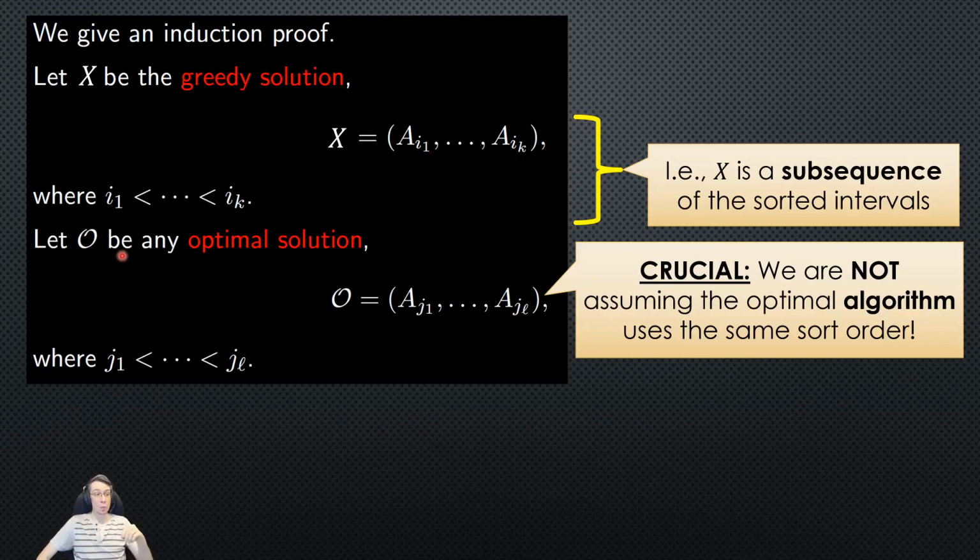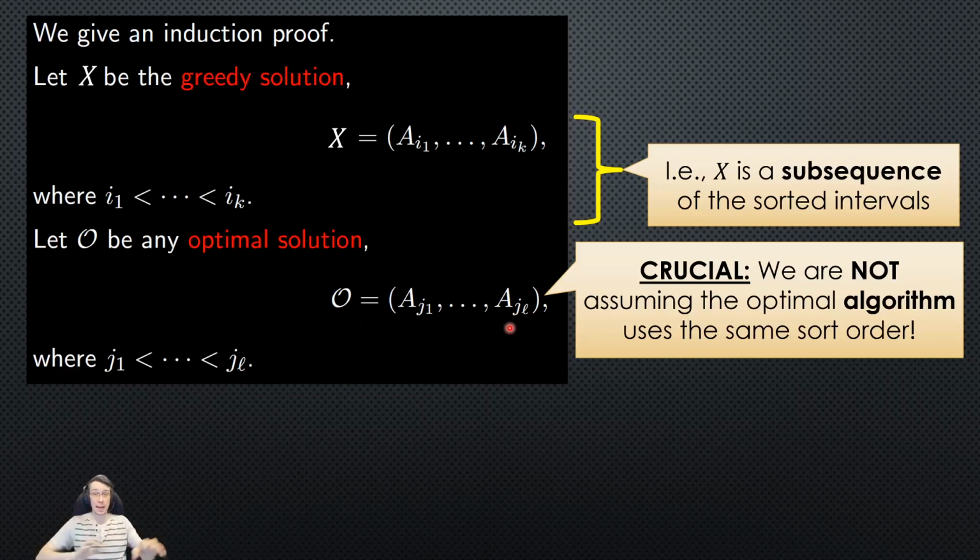Now let O be any optimal solution. O we're also going to write as an ordered subsequence of the input. But crucially, we are not assuming that the optimal algorithm uses the same sort order. We're writing down the choices made by the optimal solution in this sorted order.